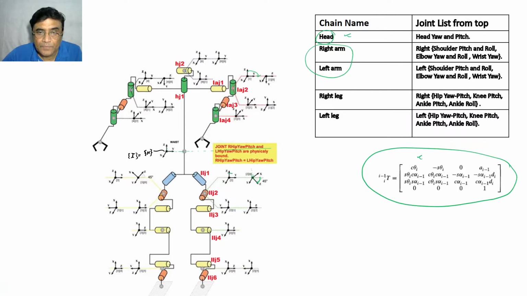Tell me. This one, that is pi by 2, plus this one, pi by 4. So 3 pi by 4, and the angle is minus, because clockwise this Z axis is deviating from that Z axis by an amount 3 pi by 4. So you must put this value carefully.